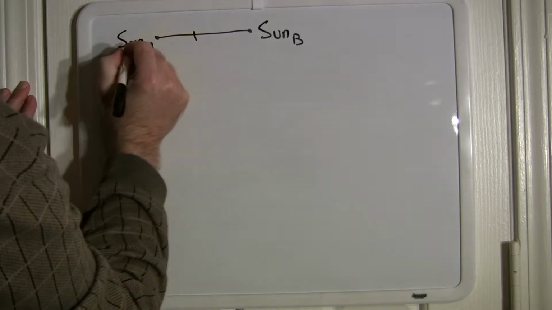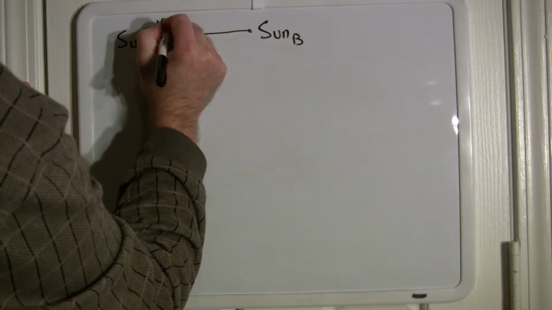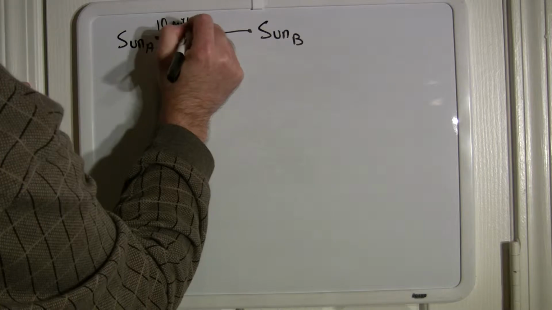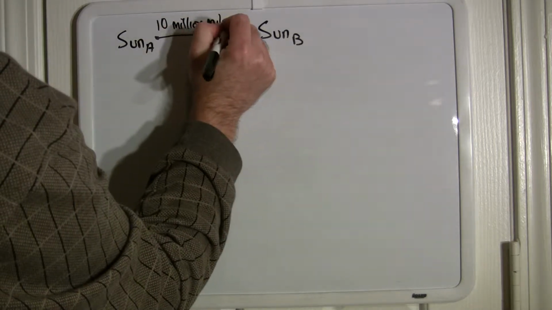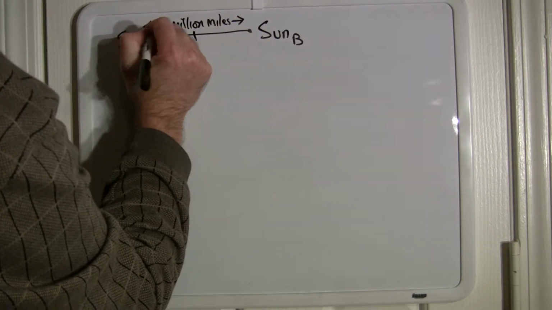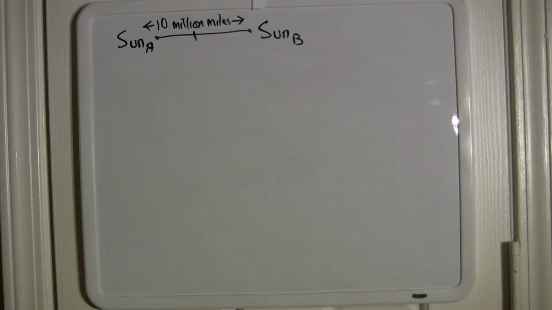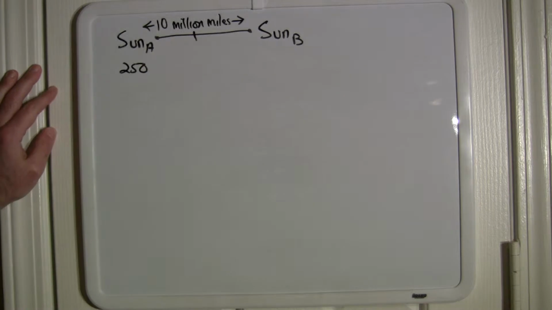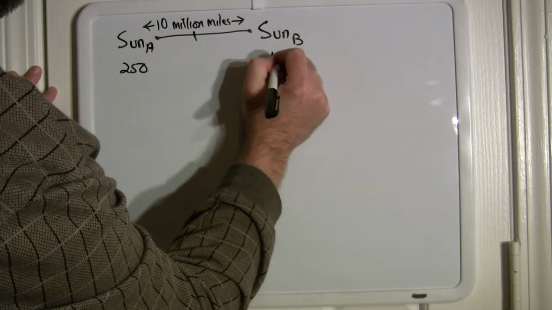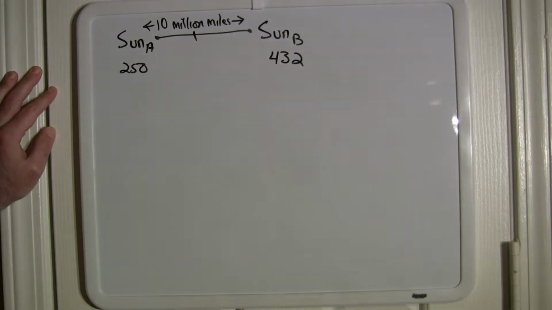We also know that the distance between Sun A and Sun B is given as 10 million miles. We are also given that the light intensity from Sun A is 250 lumens and Sun B is 432 lumens.